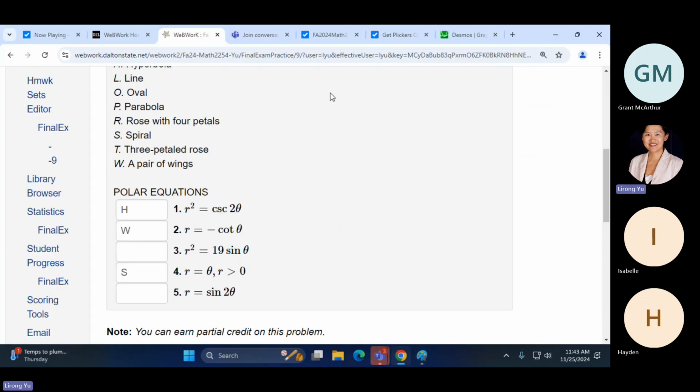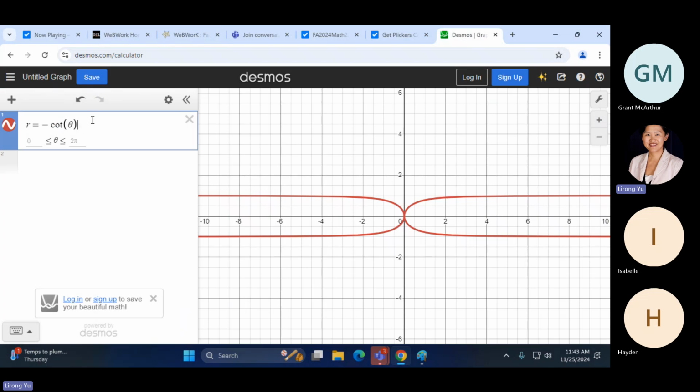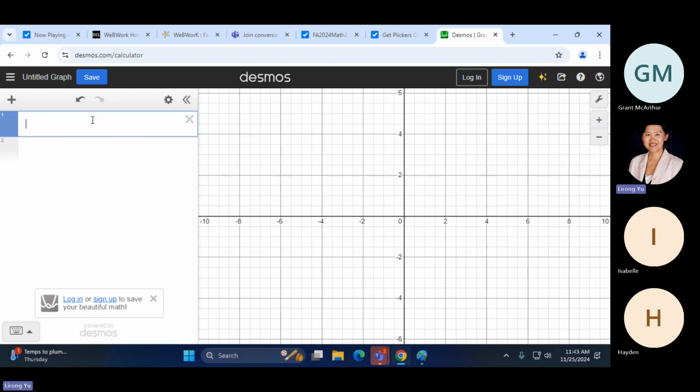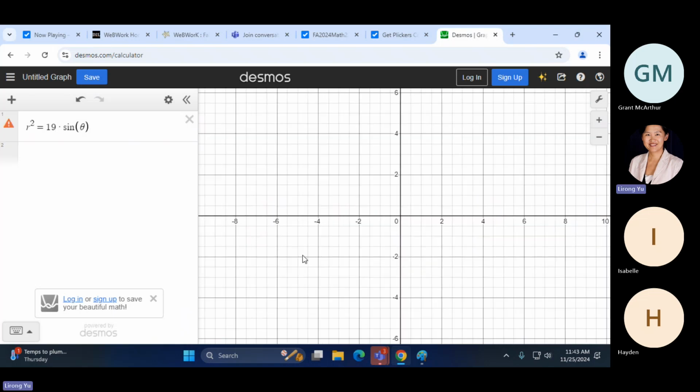Let me try to visualize it in my head. This is r squared. We will graph it if we do r squared against theta, sine theta. There's no graph, we have to take the square root of this.